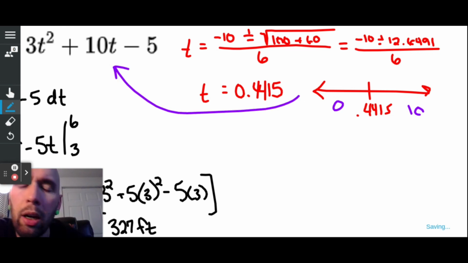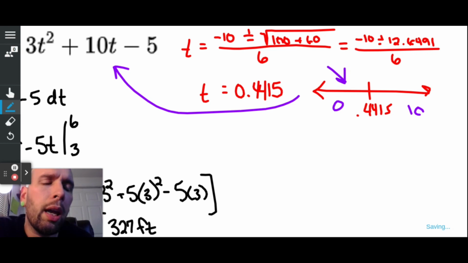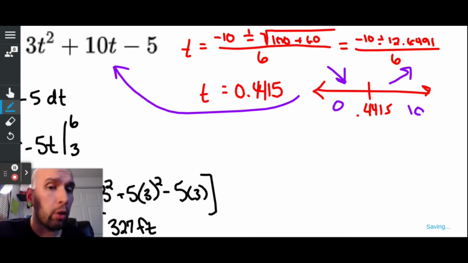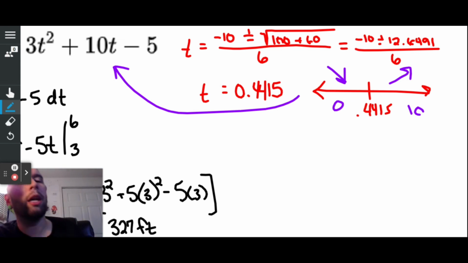If I plug in 0, I would get a negative number, and if I plug in 10, I would get a positive number. And so this is what I have to do. I have to find two integrals, and then add those integrals up.